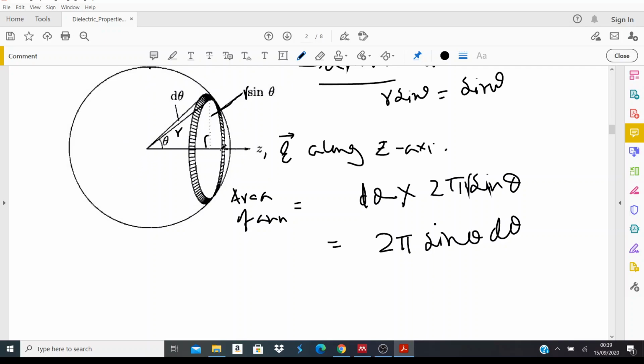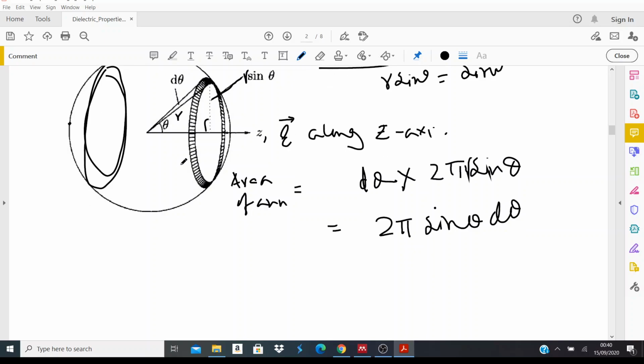If the ring is just a point along the pole, that's 0. And if the ring is somewhere here, then theta will be greater than 90 degrees, and on the south pole, theta is just 180, right? So the variation of theta, that's another important thing.